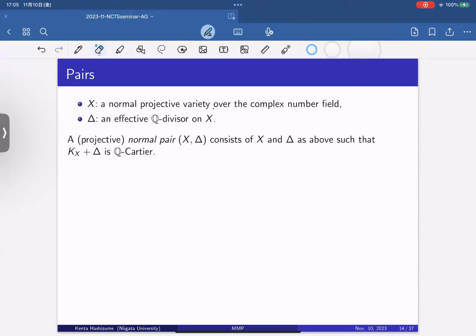And let delta be an effective Q-divisor on X. Here, an effective Q-divisor is a formal rational combination of codimension one subvarieties, and effective means that every coefficient is non-negative. Then a normal pair (X, delta) is a pair of X and delta such that K_X plus delta is Q-Cartier. Here, K_X plus delta is often called the log canonical divisor.